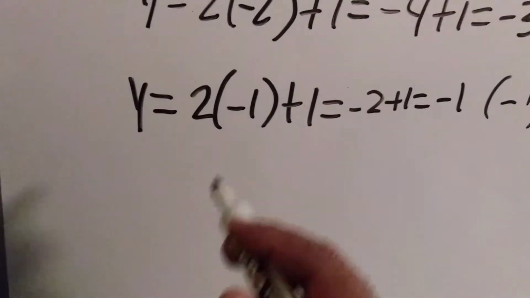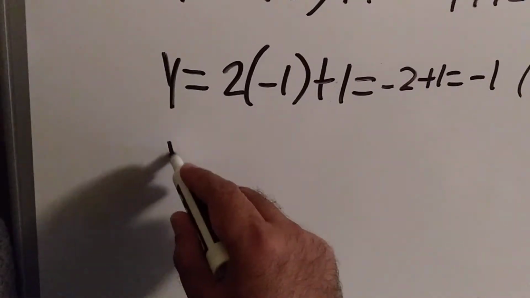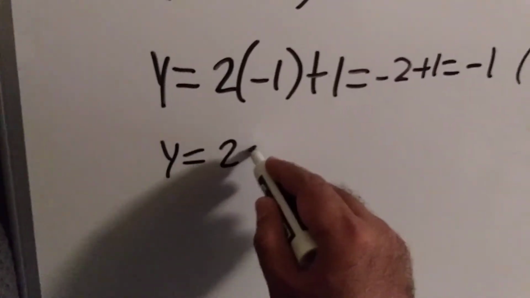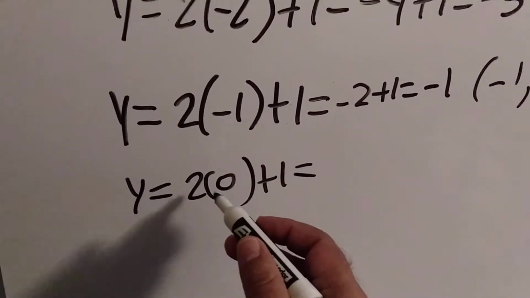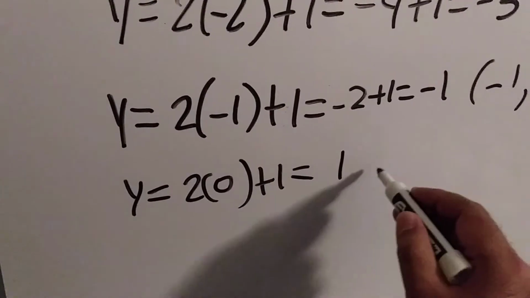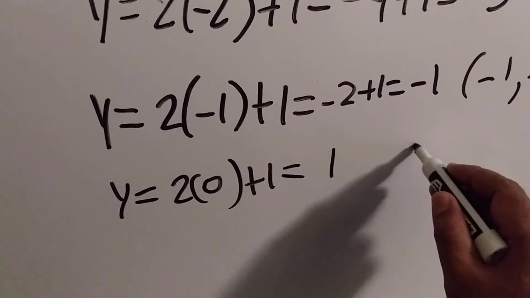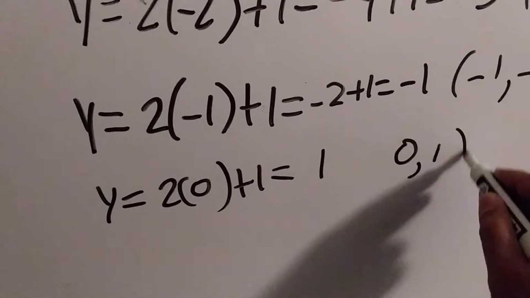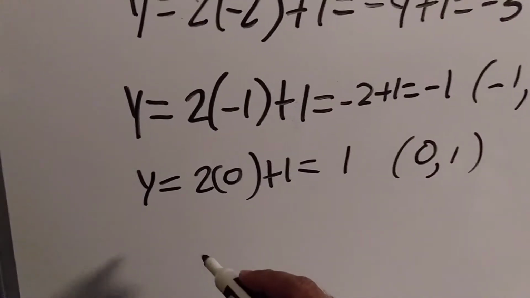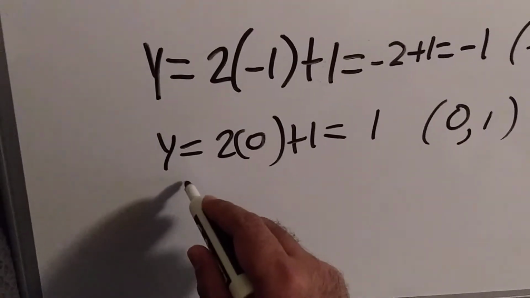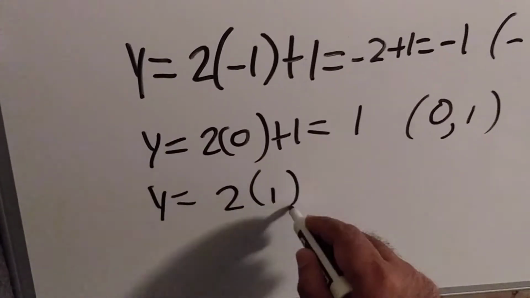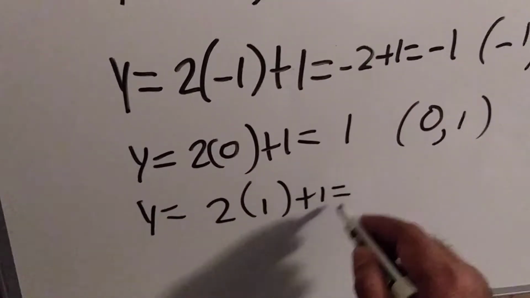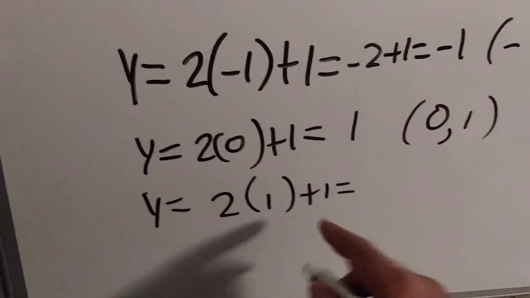The next one would be at 0. So y equals 2 times 0 plus 1, which is just 1. So our ordered pair here would be 0, 1. Then the third one would be y equals 2 times 1 plus 1, which is 2 times 1 is 2, plus 1 is 3.